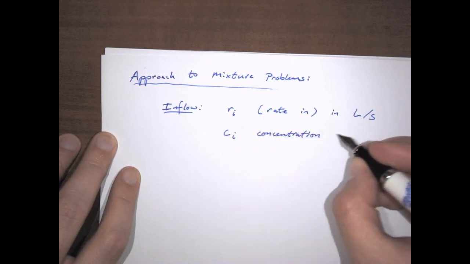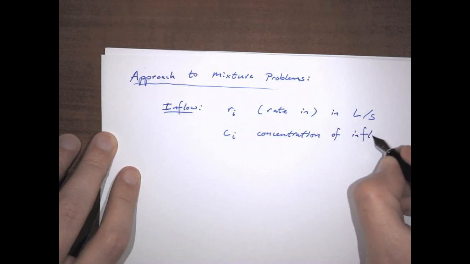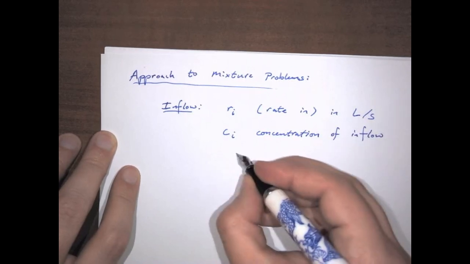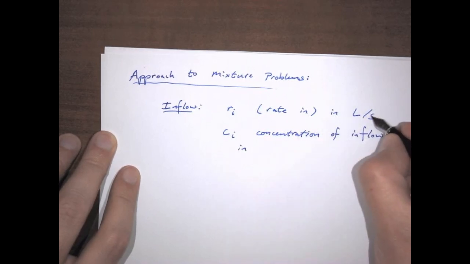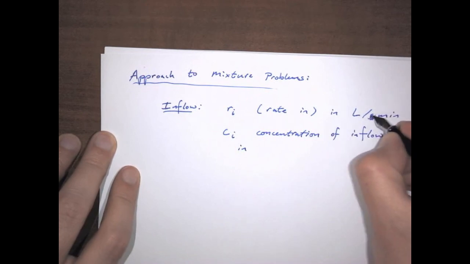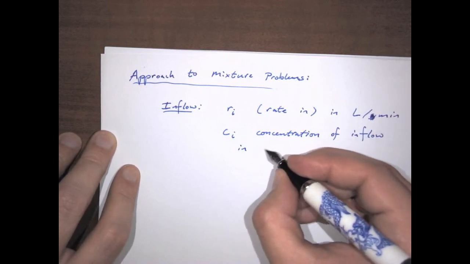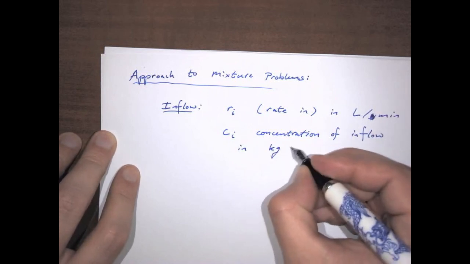Concentration of inflow. And so, actually, I guess in our example here, this is liters per minute. Then the concentration of the inflow is going to be in this case, kilograms per liter.